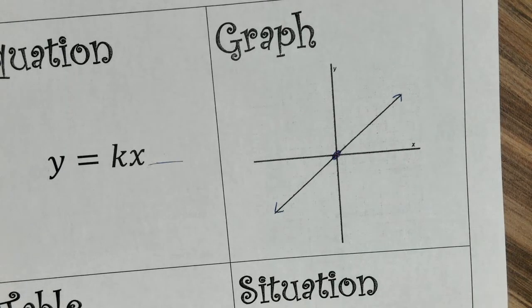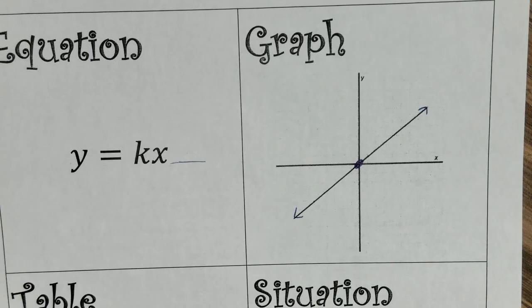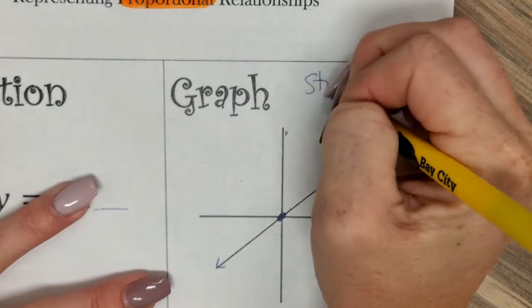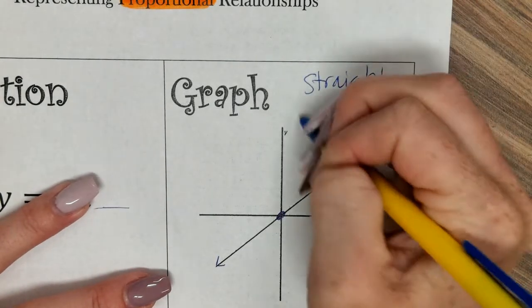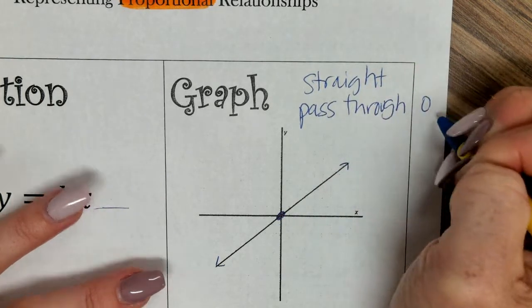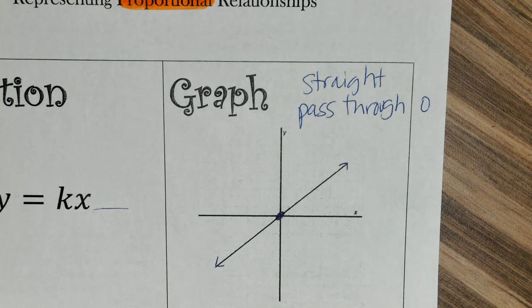Easy or not? So if I gave you pictures of graphs, could you tell me if they're proportional just by looking at them? What would you look for? It has to be a straight line and it has to pass through 0. So write that right here. Has to be straight and pass through 0. Sometimes the graphs are not straight. So to be proportional, is that line straight?